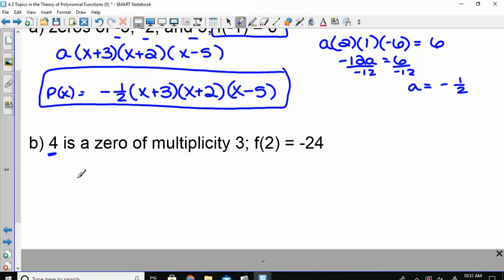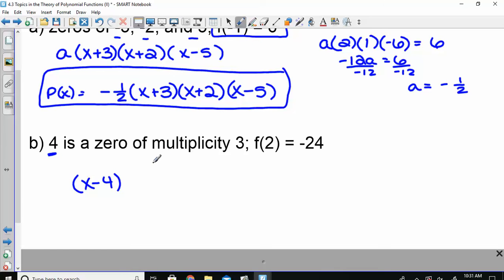So 4 is a zero. What do we have to add? The multiplicity is 3. What does a multiplicity change? We talked about multiplicities a little bit in section 4.1 when we were talking about what it did to a graph.